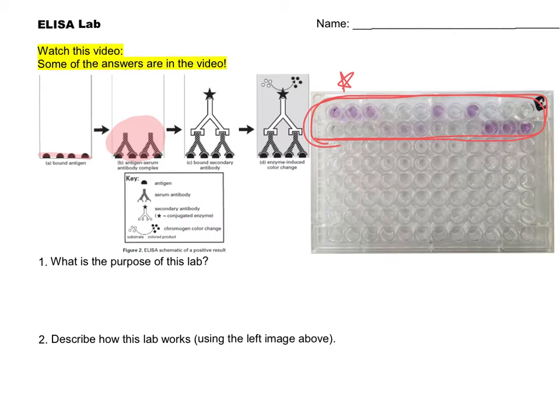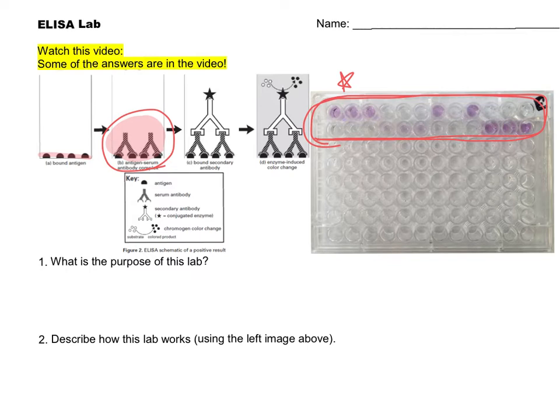If the person has the antibody, it will be attracted and bind to the antigen, which is what we see here in the second picture. The patient's blood had the antibody, so the antibody sticks to the antigen. If the patient's blood has no antibody, then there would be no binding occurring in that well.